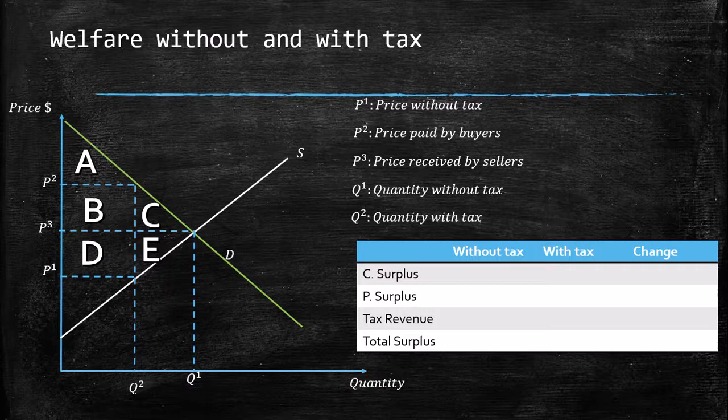We have E, with the same base as C, but the height is the difference between the equilibrium price and the price received by producers. And the last one has Q2 as the base of this triangle, and the height is the difference between the cut of the supply curve with the y-axis and P1, the price received by the producers.